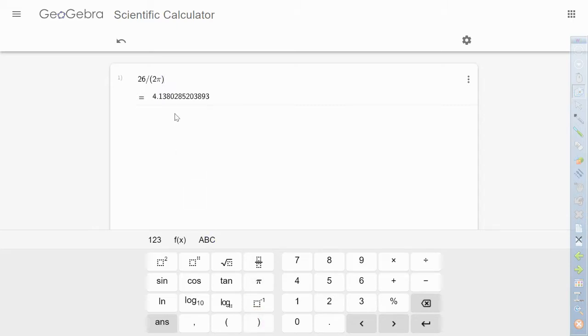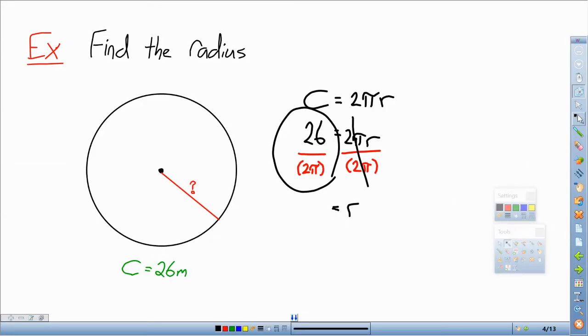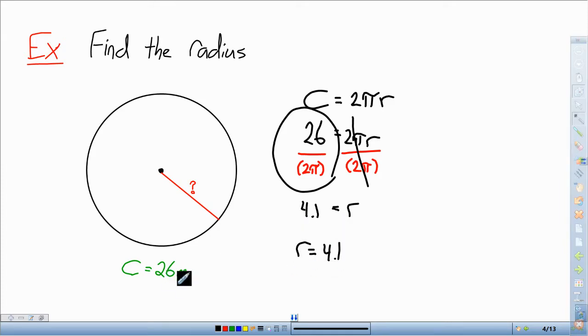Close parentheses, and I'm getting 4.13. So again, we're going to round to the tenths, 4.1 on this. Why does that keep happening? That's weird. All right, so yeah, 4.1. I'm going to flip it around. Radius equals 4.1. Our units are meters, so let's include those.